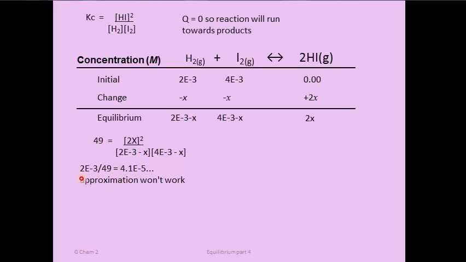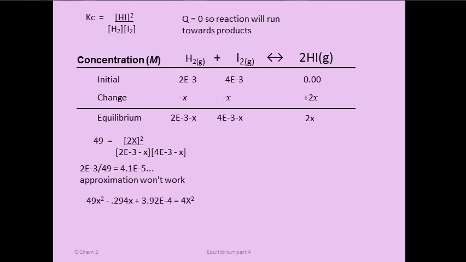So what you do is you take your K, which is 49, and divide it into the original concentration. And in this case, it's a very small number, 4.1 e to the minus 5, so you know this approximation won't work. So the amount of change is going to be large enough that it would be significant if you made that approximation. So we're not going to.